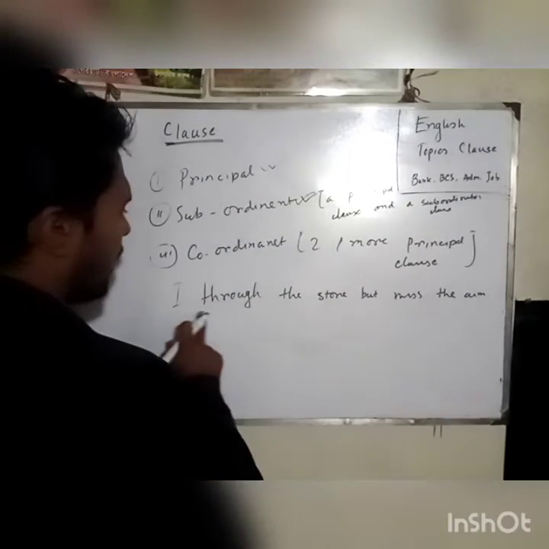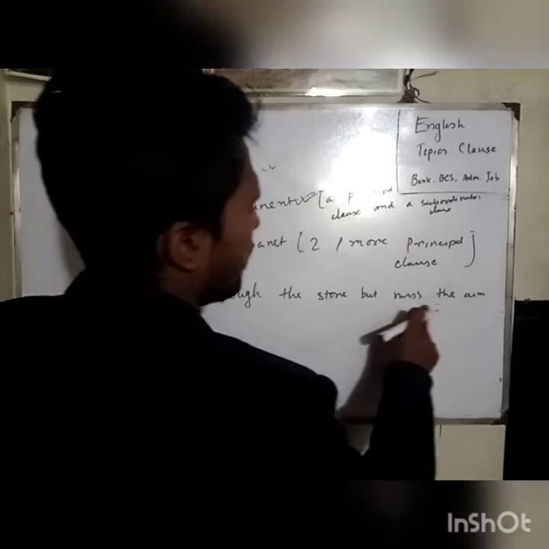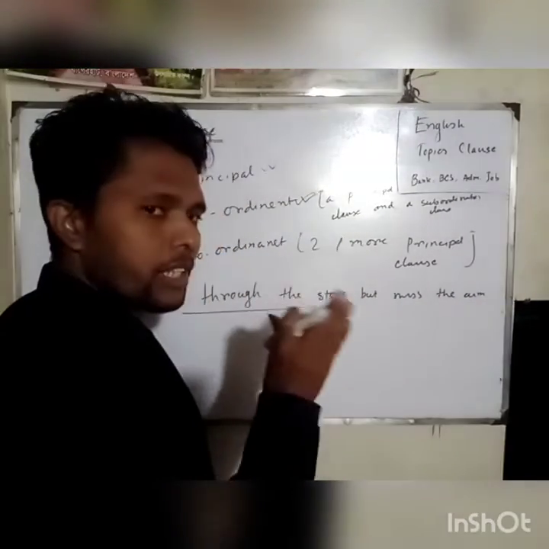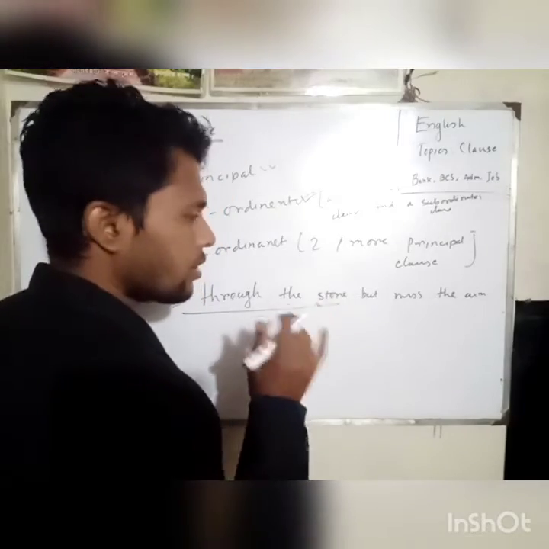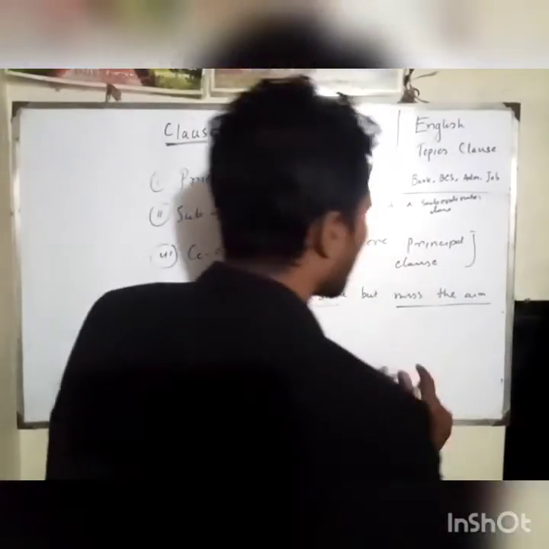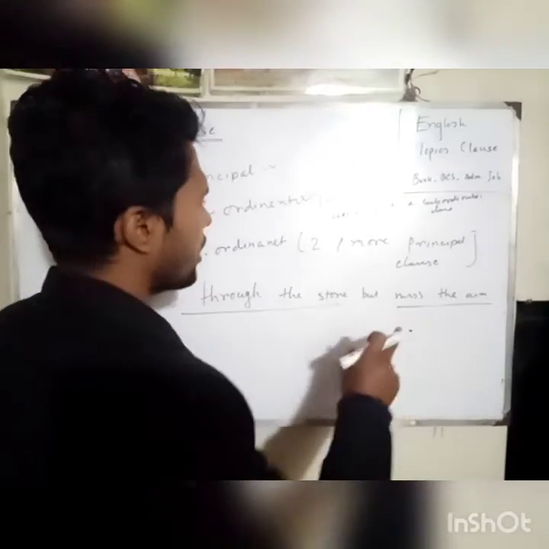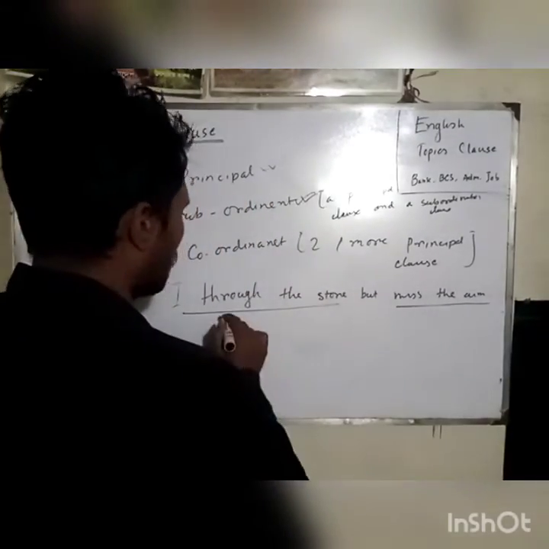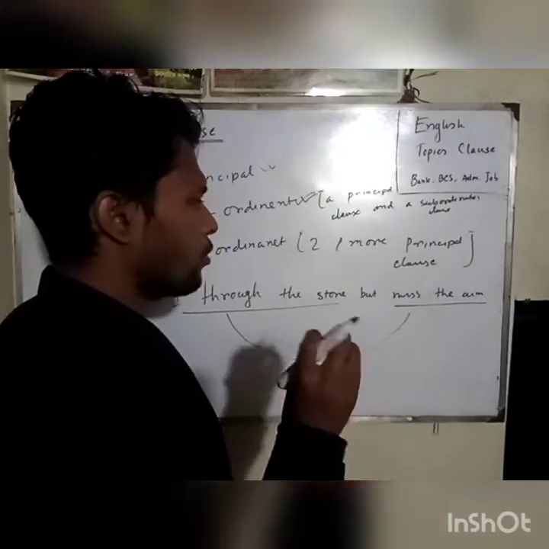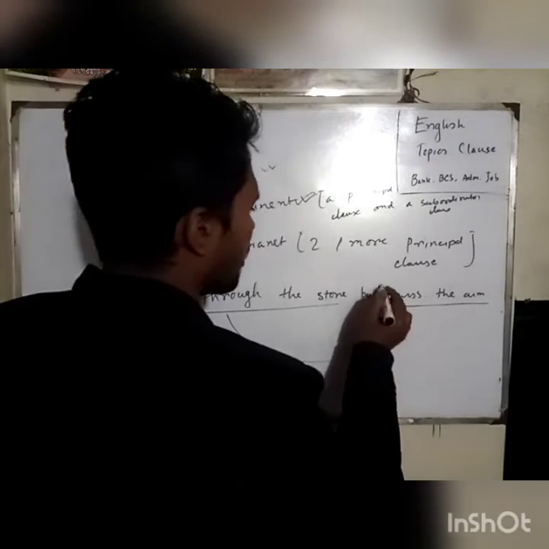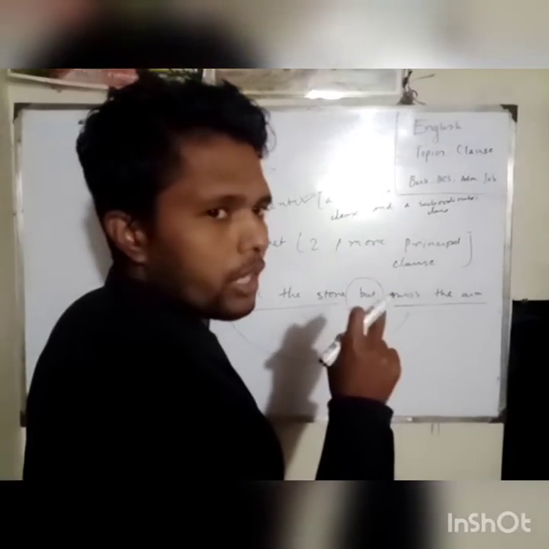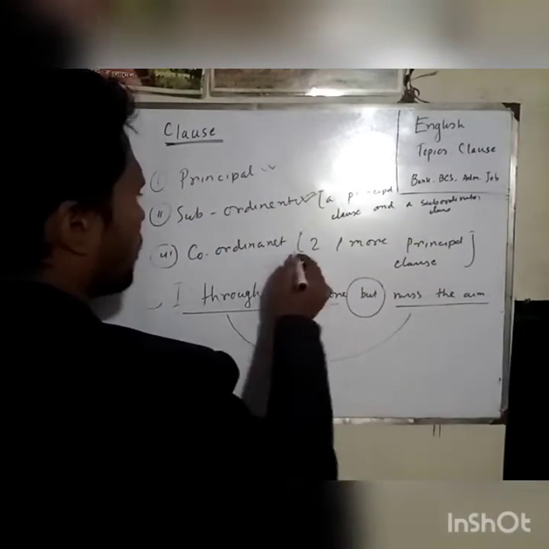Look, I throw the stone but miss the aim. Here, I throw the stone is a full meaning sentence, and miss the aim is another sentence that also describes the full meaning. So two sentences describe the full meaning, and they are joined with but, and, or, etc. That's called a coordinate clause.